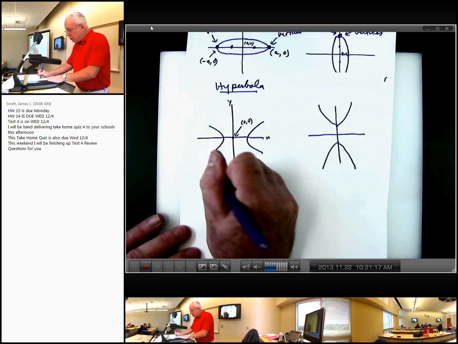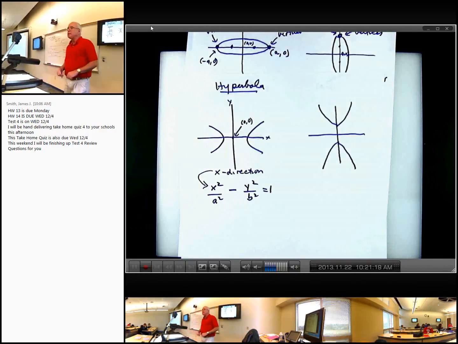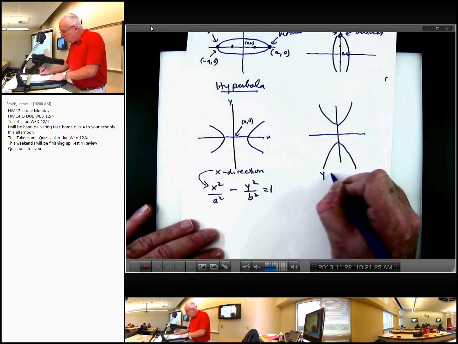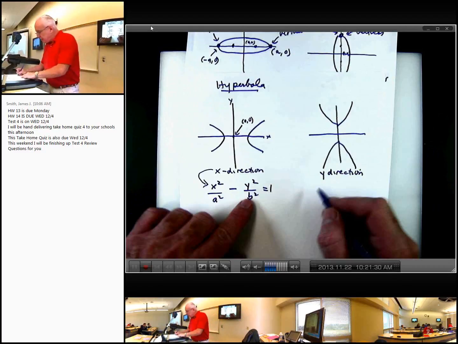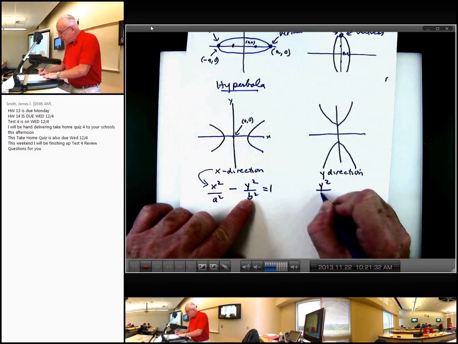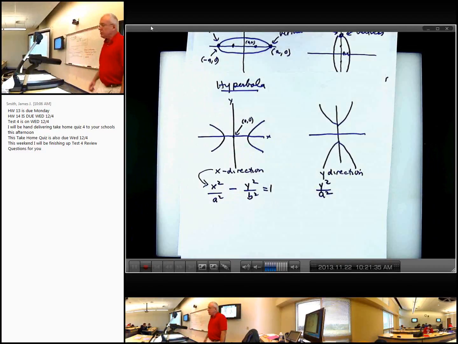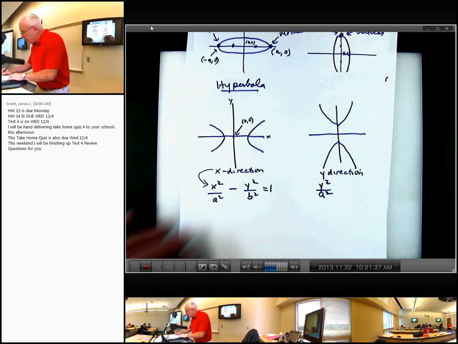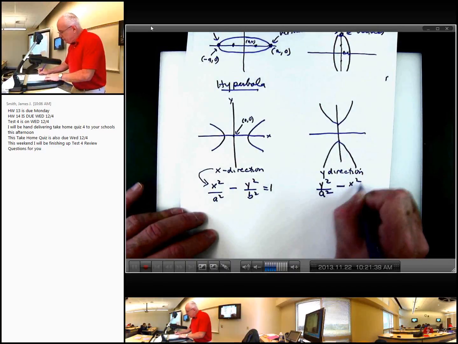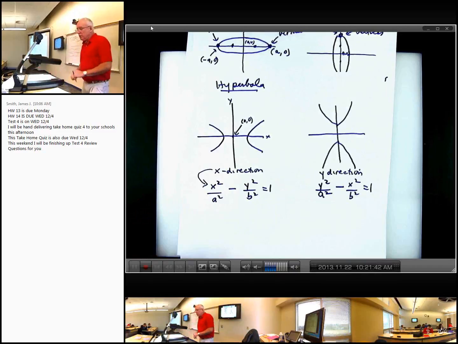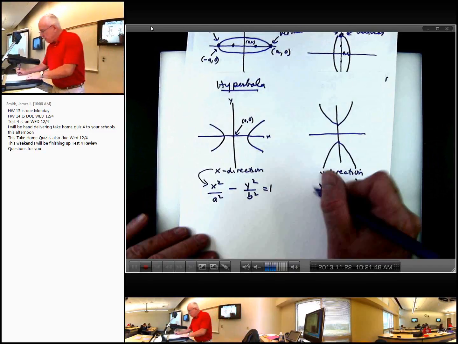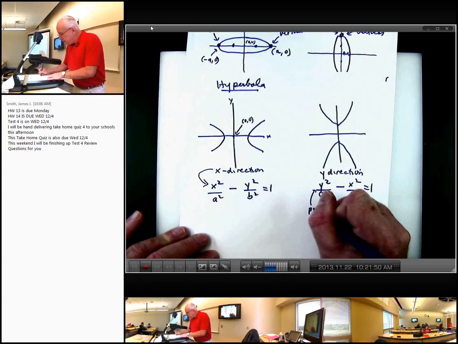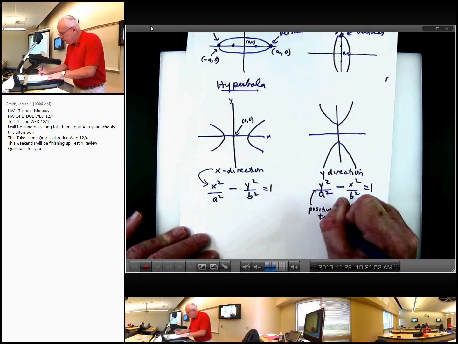So for the x direction, that leading positive term will be the x squared. When it's going along the y direction, the leading positive term is going to be the y squared. So in this case, I'd have y squared over a squared minus x squared over b squared equals 1. So that's one way you can tell which way it's oriented: look at the positive term. Okay.